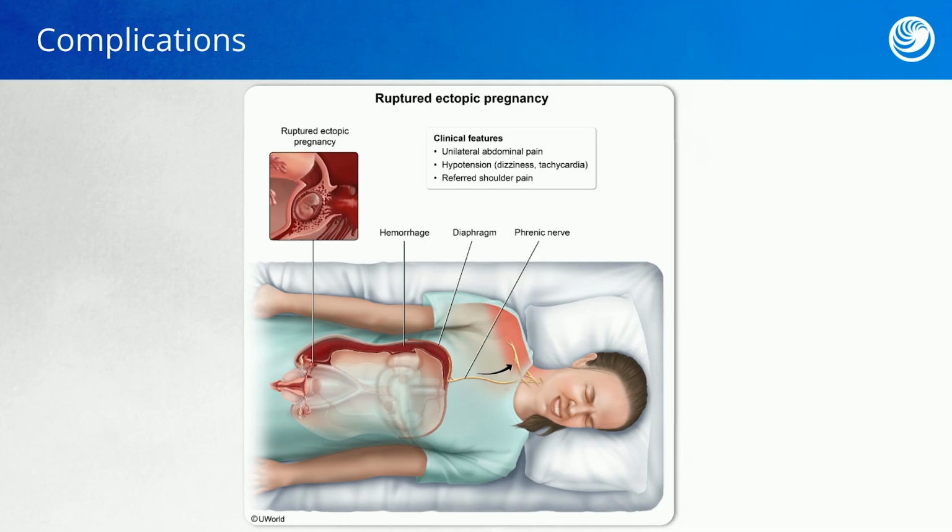The bleeding pools inside the belly, and we call this hemoperitoneum. Patients with hemoperitoneum are in a lot of pain. Usually, this can be referred pain up in the shoulder, but commonly, it's pain on one side of the abdomen. If the bleeding becomes severe enough, it becomes a hemorrhage, and patients develop signs of hypovolemia, like tachycardia, a fast heart rate, and hypotension, low blood pressure. This becomes a medical emergency.